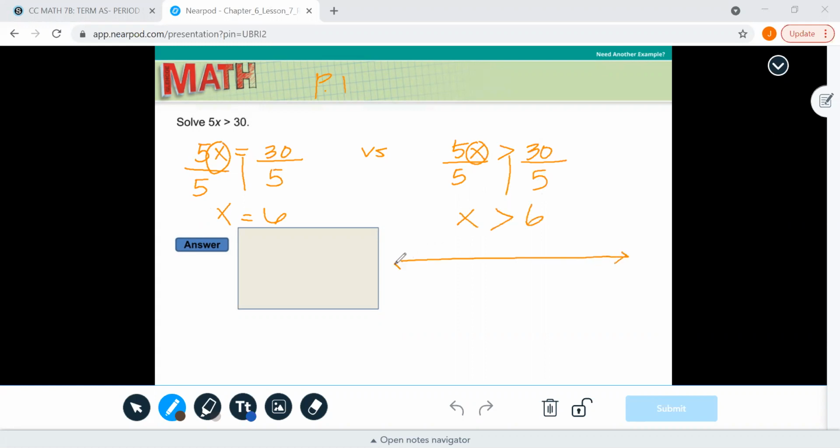So any number that is greater than 6 is a solution. Here's 6, 7, there's 5. It does not have an equal sign. That means 6 is not one of the solutions. And x has to be greater than 6, so 7 is greater than 6. So you shade the right side of 6.